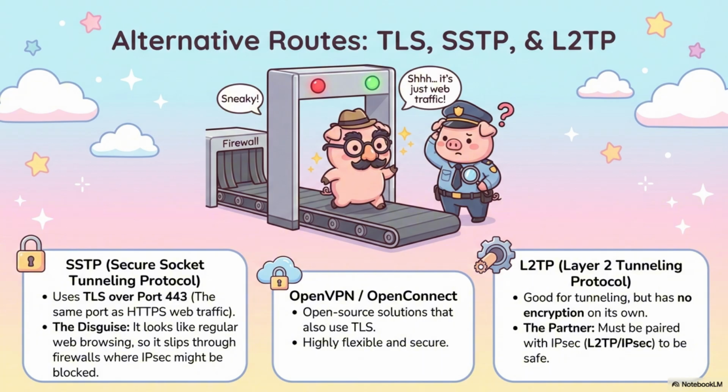Open-source solutions such as OpenVPN and OpenConnect also use TLS to create secure VPN tunnels. These solutions are flexible, widely supported, and compatible with many operating systems. Although the term SSL is still used, TLS is the secure standard in modern implementations.